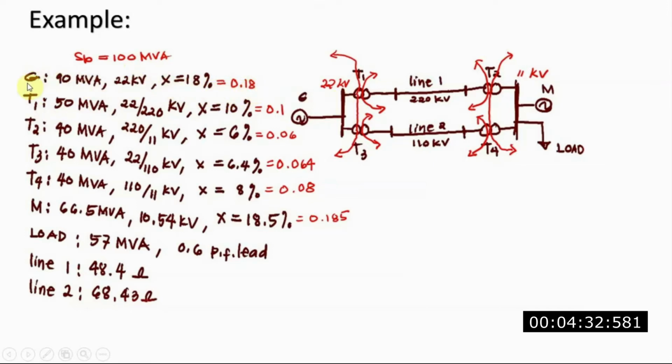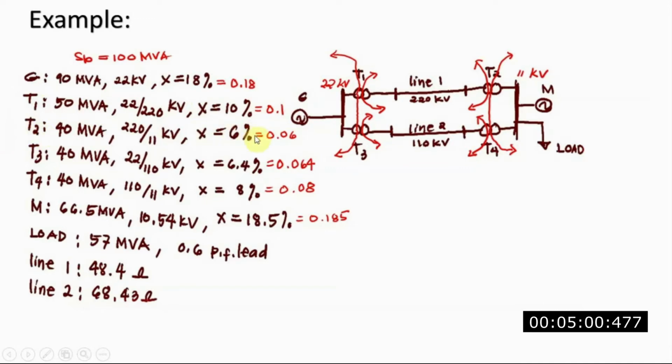For instance, for our generator, the 18% reactance is given, so this will be 0.18. This will now be used as the X per unit old of our G. For our transformer T1, we have 10%, divided by 100 that is 0.1, so the X per unit of T1 is 0.1.